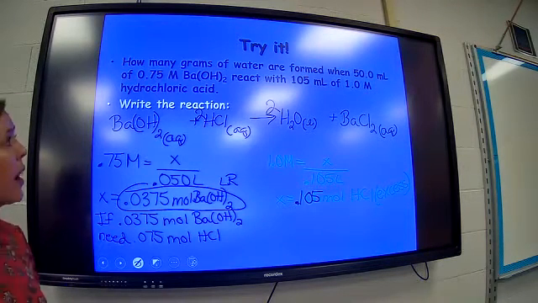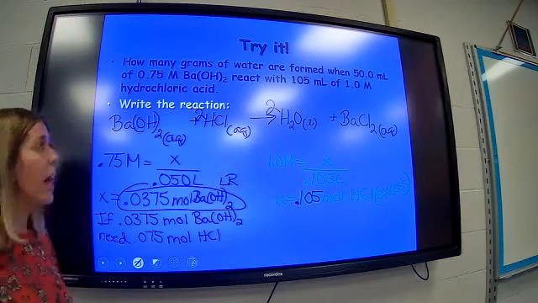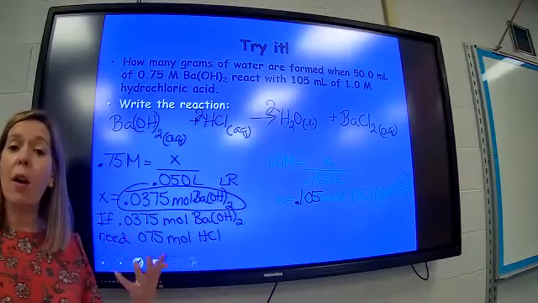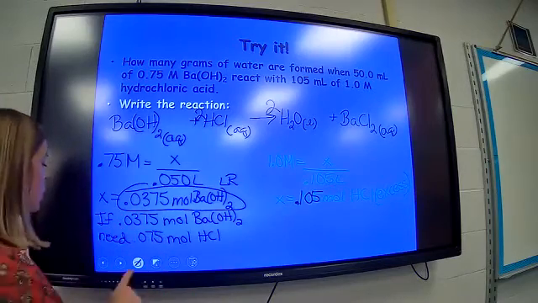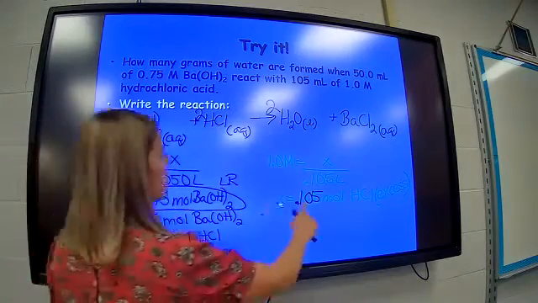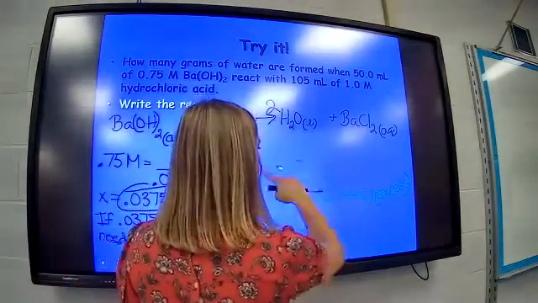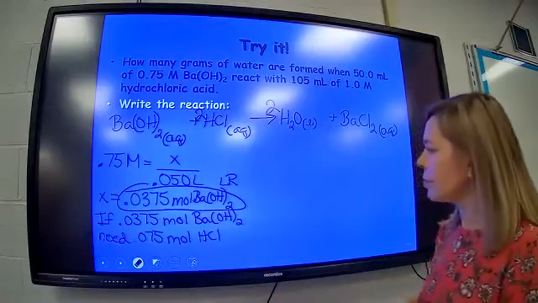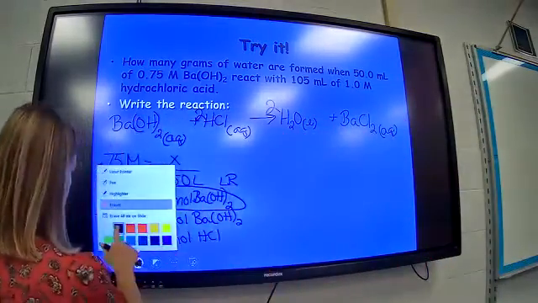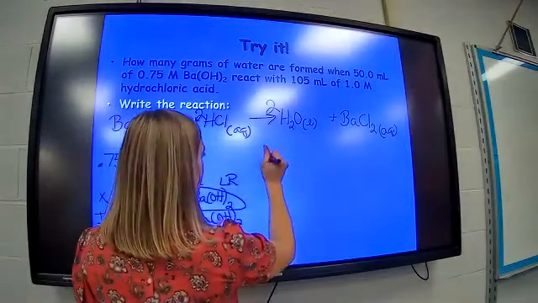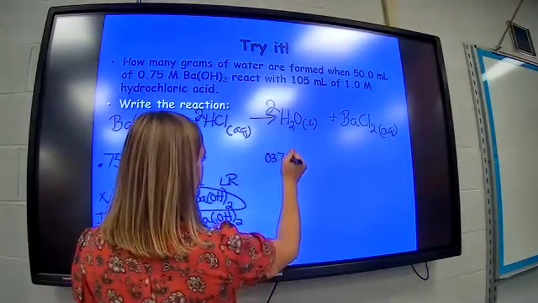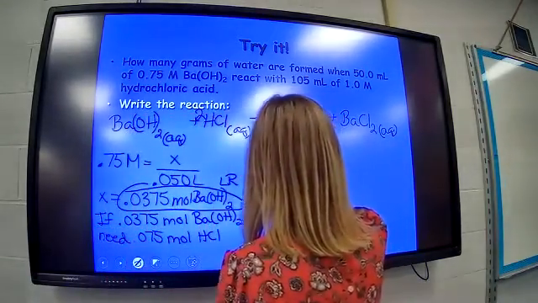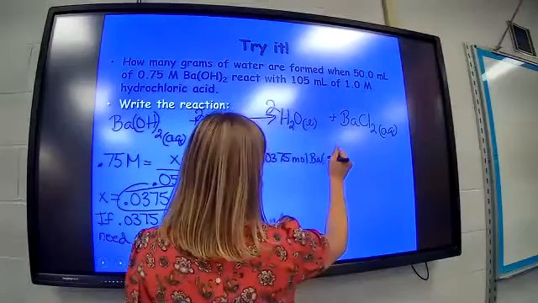All right, so now that I have figured that out, I can finally get to what my question was actually asking: how many grams of water will be produced. So let's erase this so that we make a little bit more room there. Okay, so I'm going to take my 0.0375 moles of the barium hydroxide that are present.